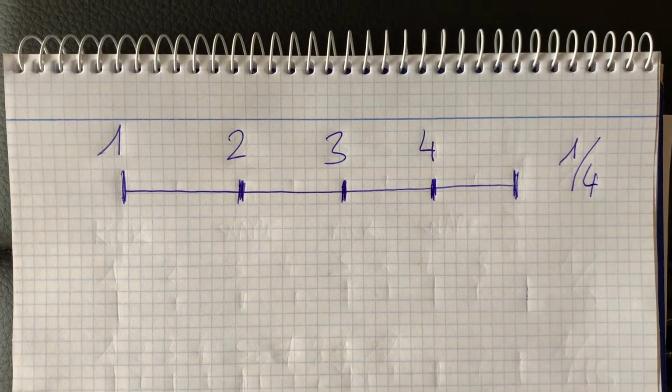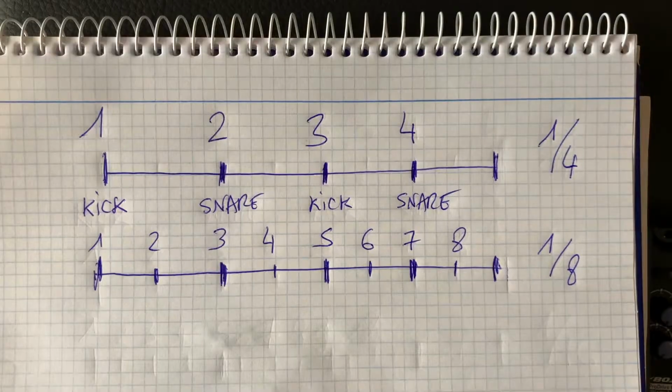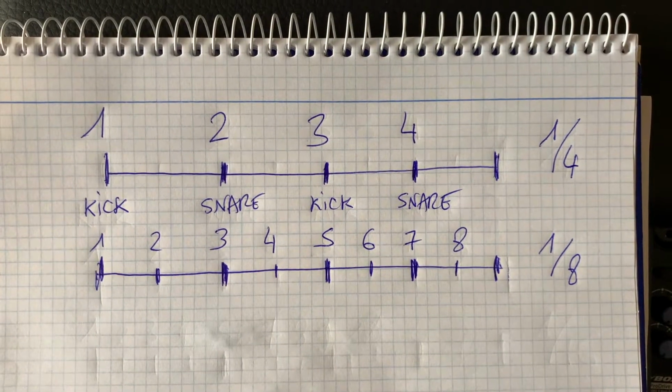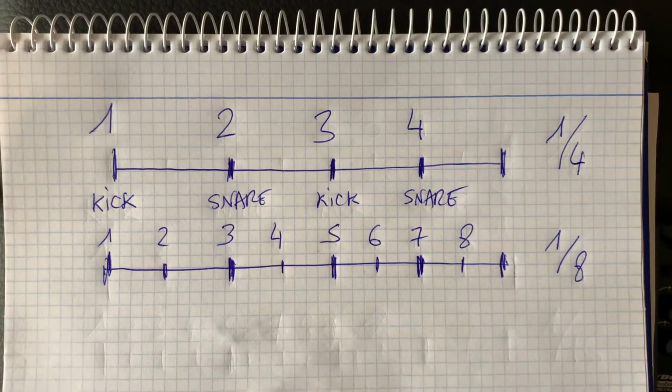So you have quarter beats. Let's see some rhythm notions. So you've got a bar. 1, 2, 3, 4. That's a bar. But it could be eighths, because in the same space of time you can do double. 1, 2, 3, 4, 5, 6, 7, 8.